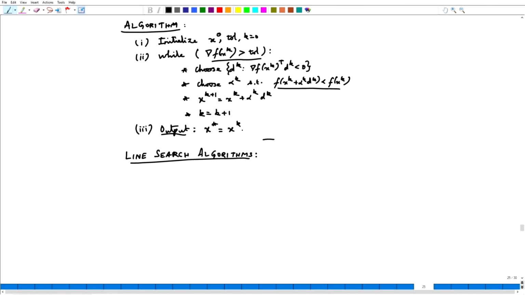If I go out of that interval, you know that you may not get the answer, because in that case f of x k plus alpha k d k less than f of x k need not hold, right. As an example, let us take an even simpler one. Let us say f is a function from the real line to the real line, and f of x is x squared.